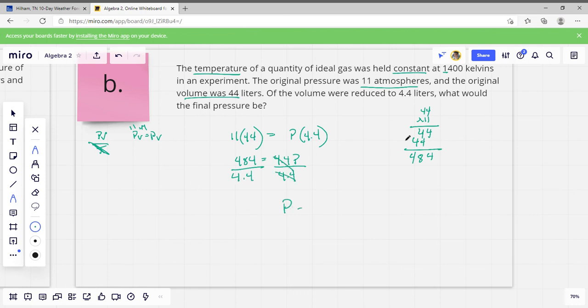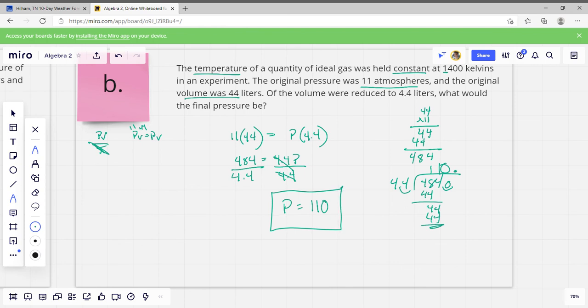And our P is going to equal 484 divided by 4.4. Move our decimal. That'll go one time, and one more time. So you should get 110.